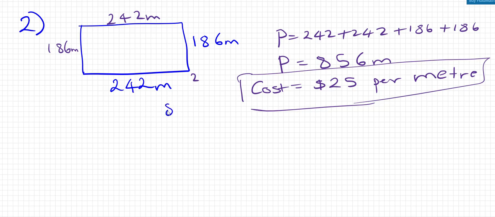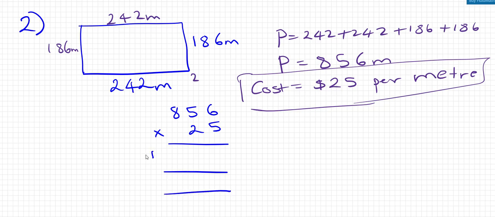Okay, so let's set up our algorithm over here. So I've got 856, I'll just fix that up, times 25, because that's per meter. I don't have to put dollar signs in or meters, just write the numbers. Okay, so we know how to multiply using an algorithm.